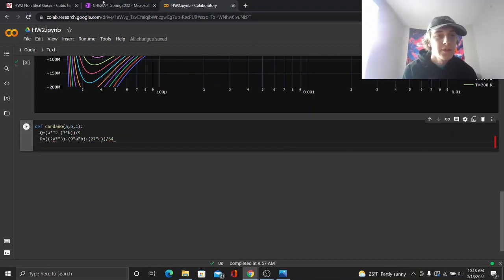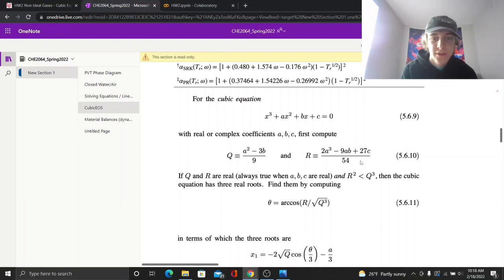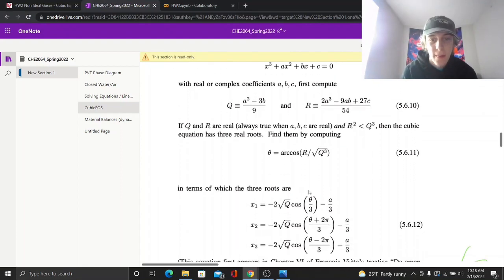So now we want to find the roots here. And to start off, we know that Q and R are real because our A, B, and C are real. So when R squared is less than Q cubed, then the cubic equation has 3 real roots. So I'm going to start off with this situation.